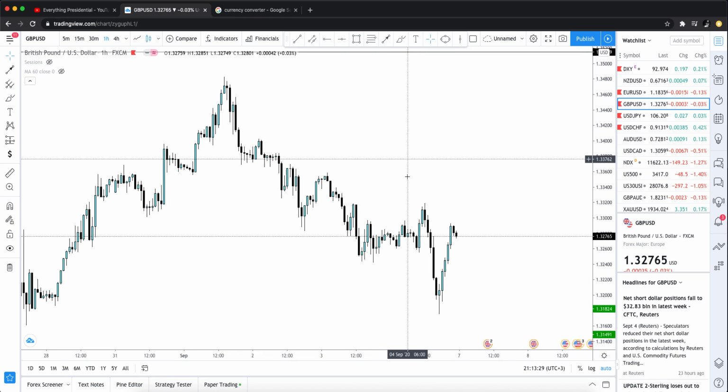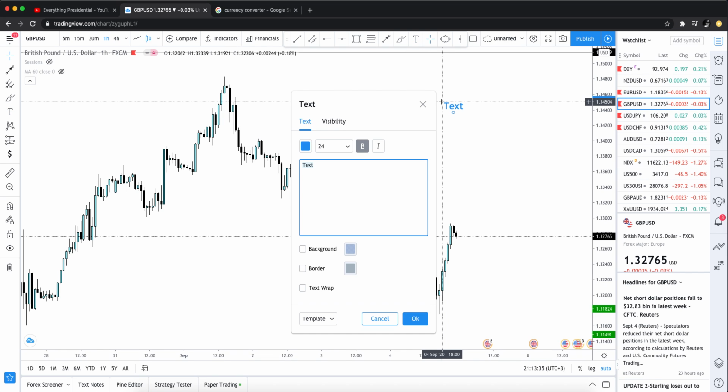And if I need to know how many GBP I need to pay to get 1 US dollar, well, it's simple. You divide the 1 by 1.33. 1 divided by 1.33 is about 0.75.